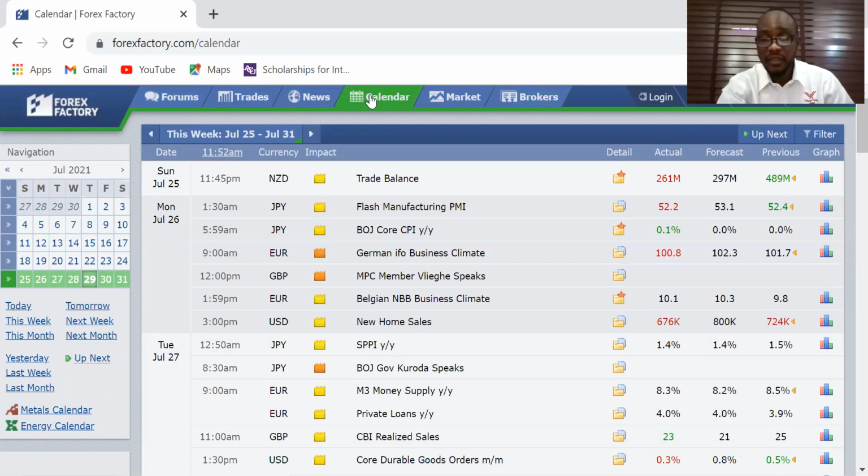It's very important, and for those of you who like to scout for news and know what is happening in the international trading community, you can use Forex Factory to grab all this and get ahead of your friends.